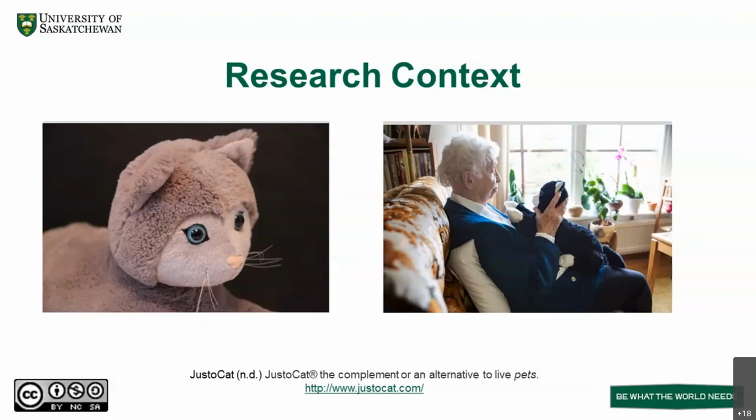It mimics a lifelike cat, but without fear of the cat biting, scratching, and not having to worry about hygienic matters when it comes to taking care of a live cat.